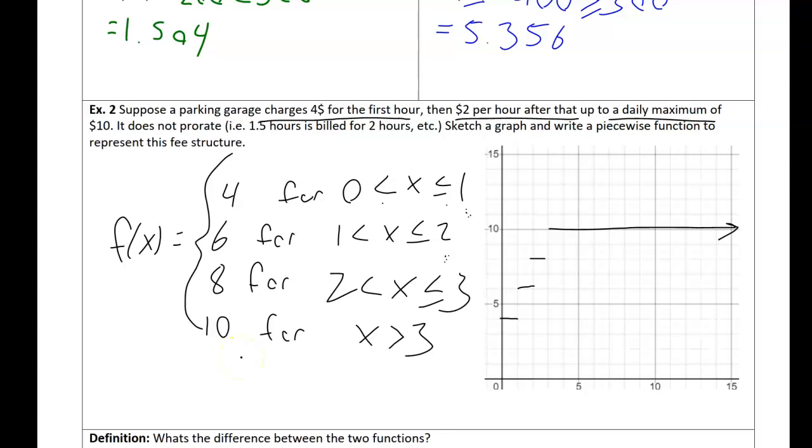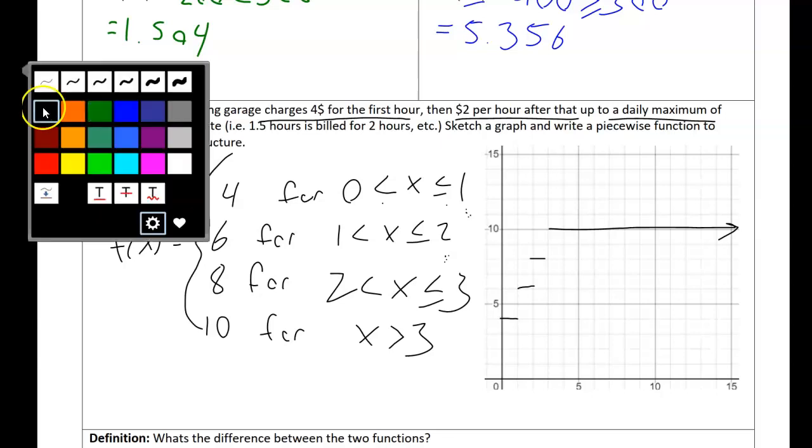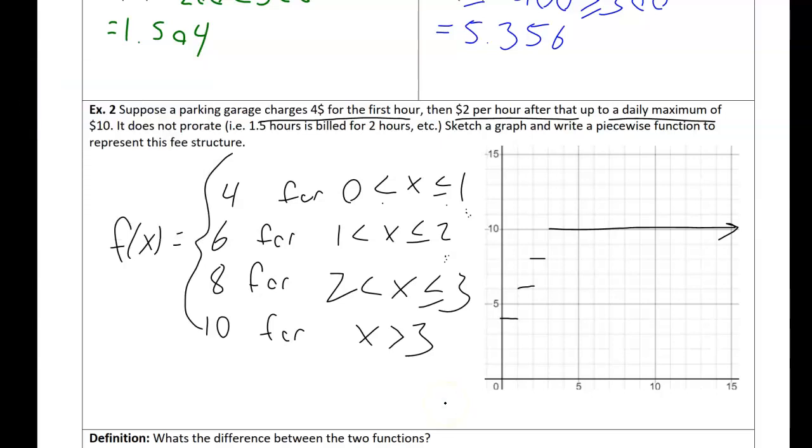Okay, so I have a problem with this graph that we're going to fix before we move on. So notice it's unclear based on my graph whether this point or this point. In fact, the way I drew it, it's not really a function, right? Because this x equals 1, it's not clear which y it goes with, right?